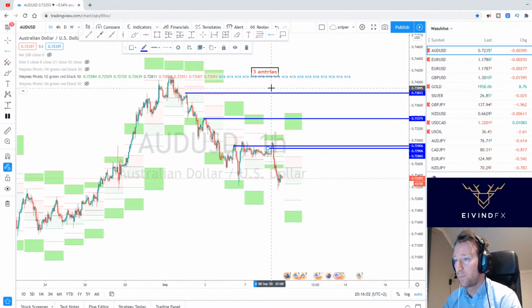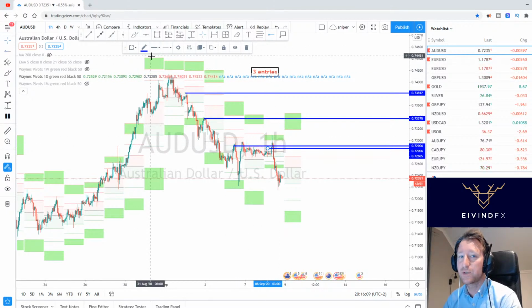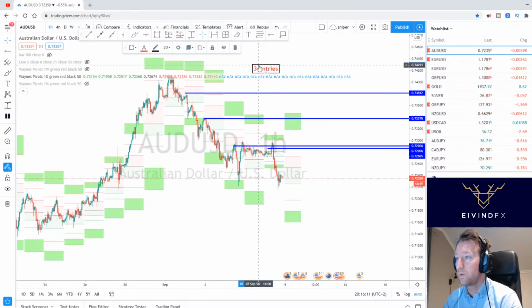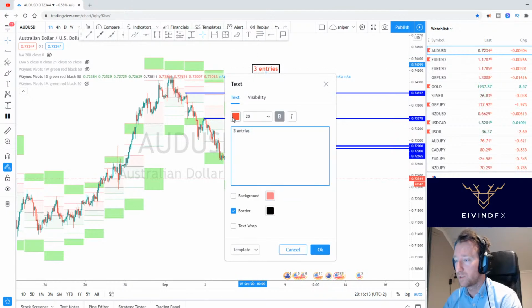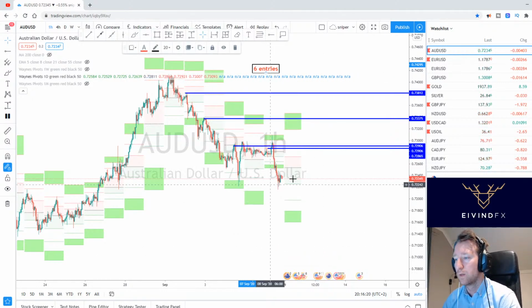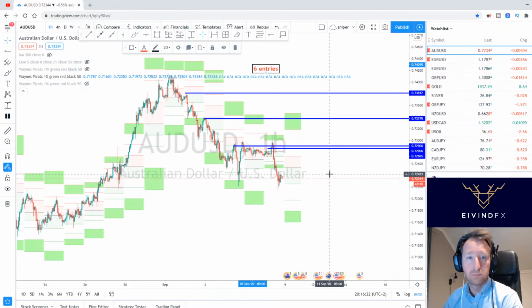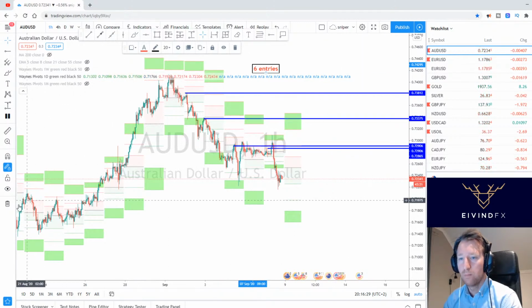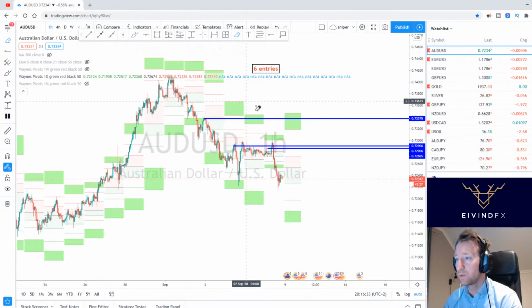So we have 3 from above on weekly and monthly, and we have 1, 2, 3 entries there, so that is 6 entries just on Aussie dollar if you are taking all the potential entries that the market has given you. Okay, and then you just continue until it becomes bullish again. But then everything is just falling at the moment, so it's not bullish, so you're still cool.